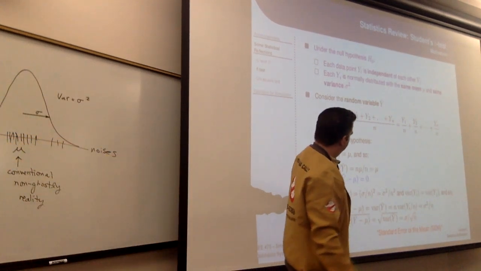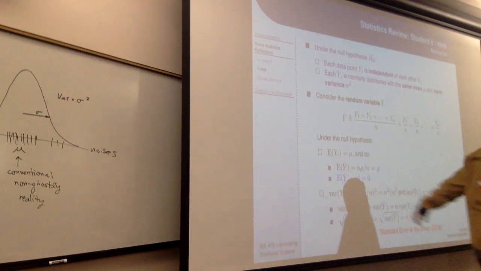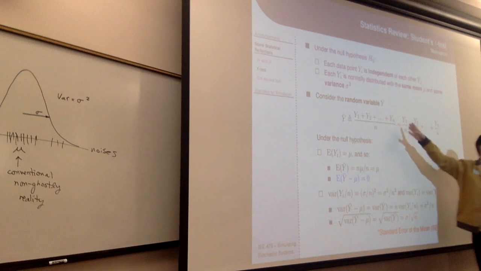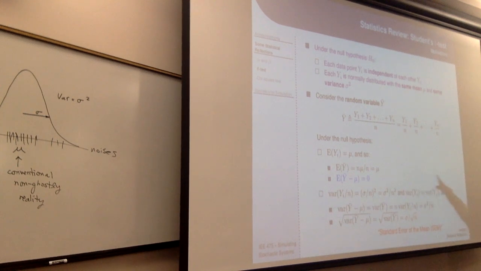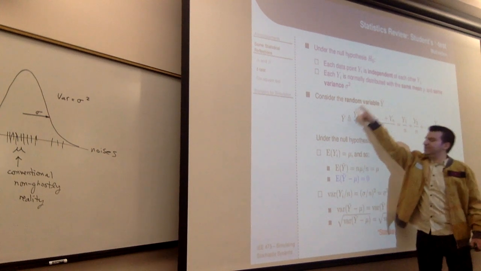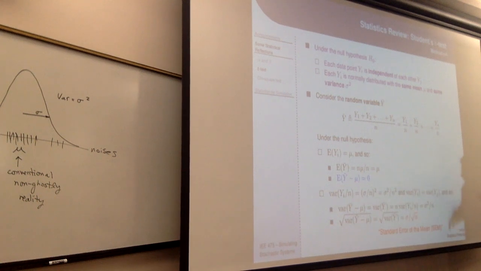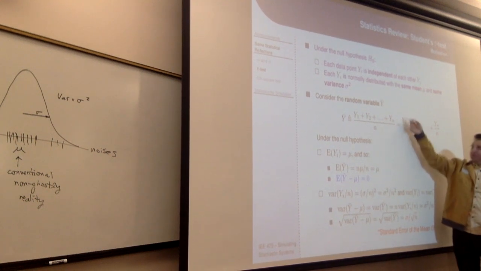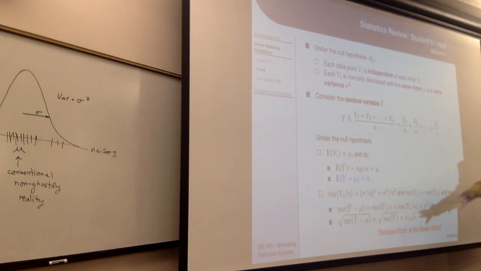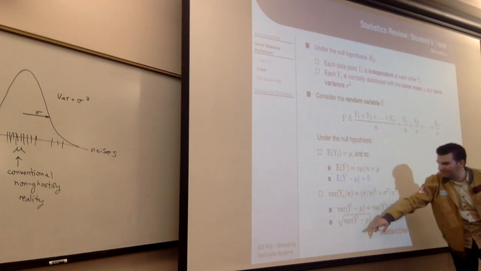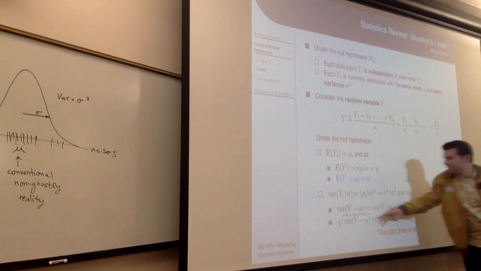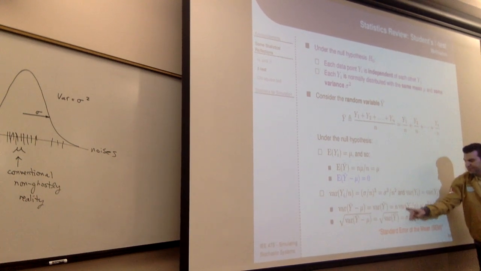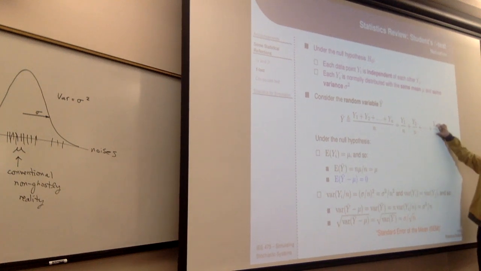If you remember from probability, from 380 and 385, if these are all independent, and this is where the independence assumption comes into play, then the variance of this sum ends up being the combination of the variances of the individuals. If you walk through the steps here, the variance of this estimator is just going to be n times the variance of each one of these.